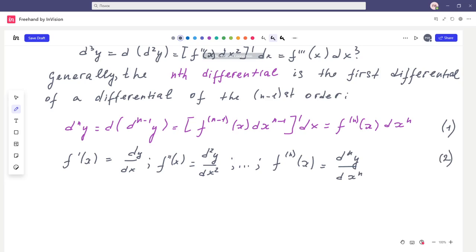The second formula. It should, however, be noted that equalities 1 and 2 for n greater than 1 hold only for the case when x is an independent variable.